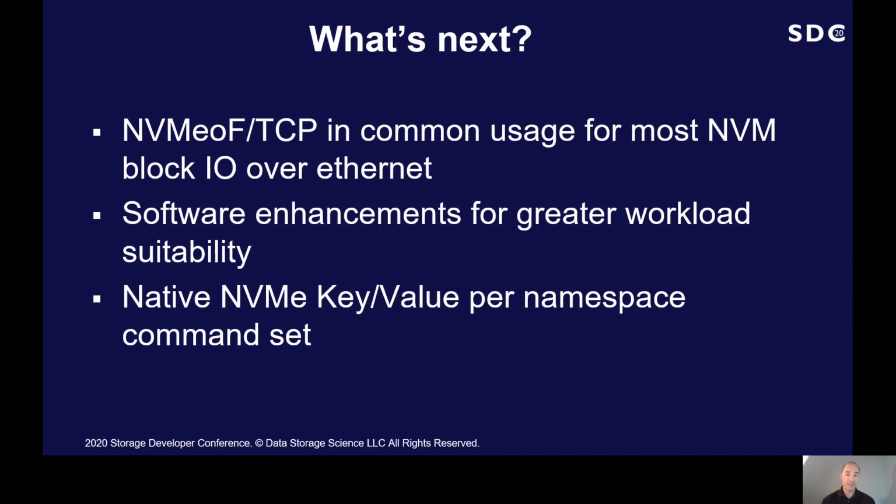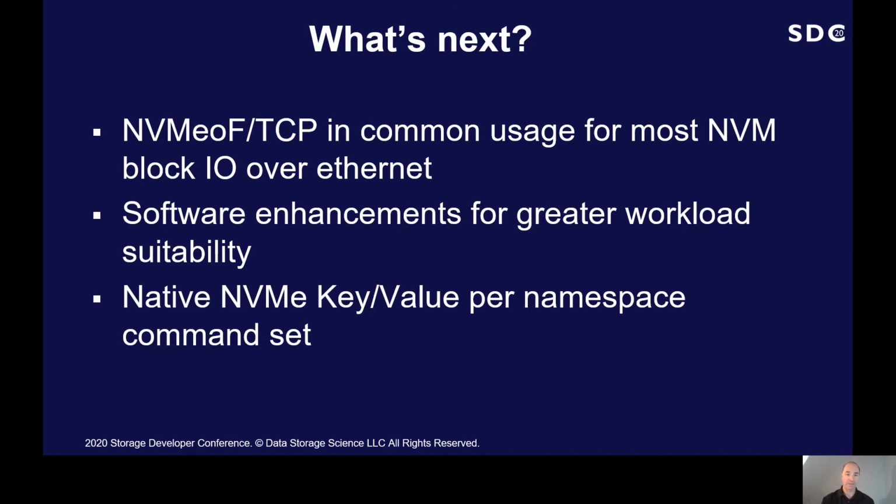So based on that, versus some of the other more exotic Ethernet implementations that are tied directly to the hardware, I think you'll see most people opting for the TCP implementation, especially as it matures. And that's one of the things that's happening, right? Software enhancements are being added to the NVMe standard, and they're all included in the NVMeoF capabilities, just because that's how NVMe works.